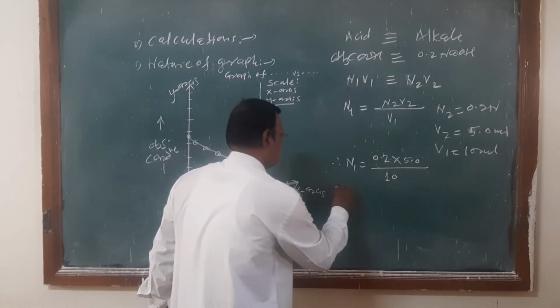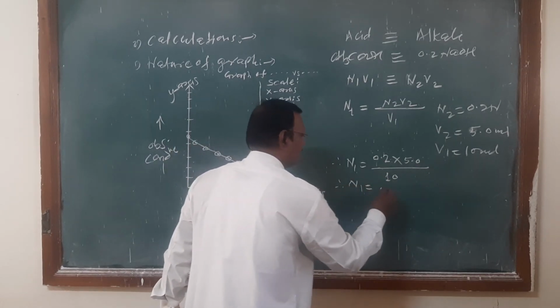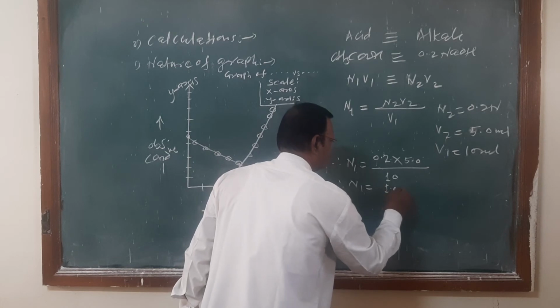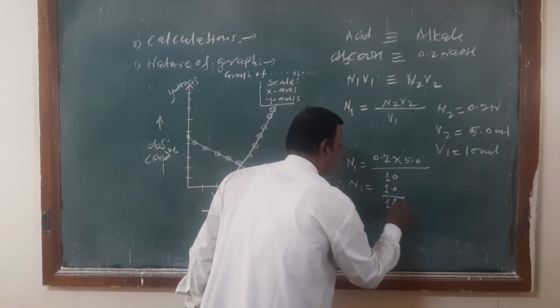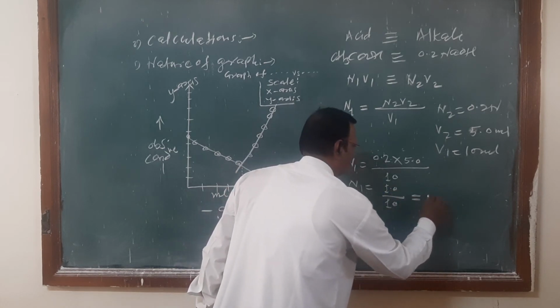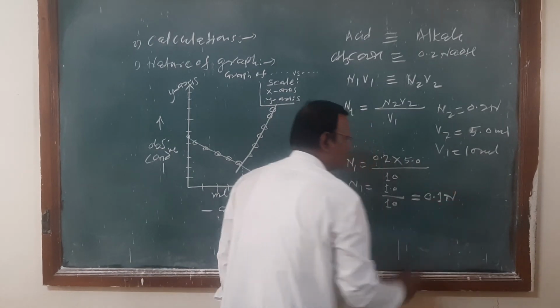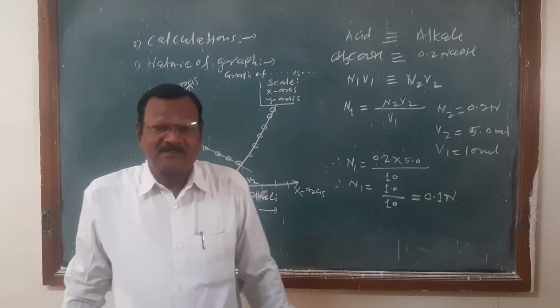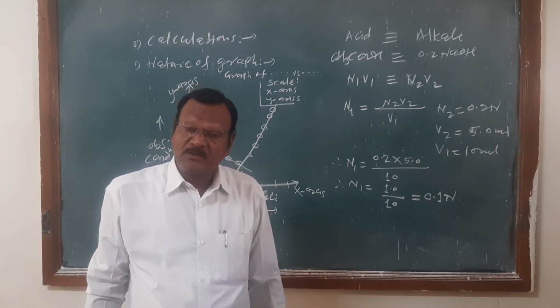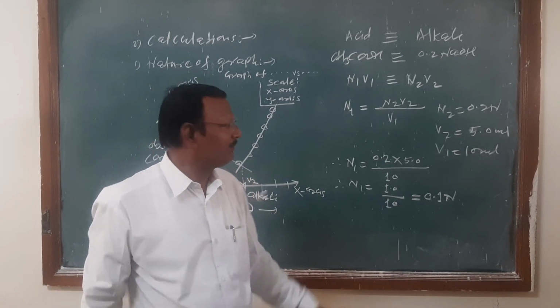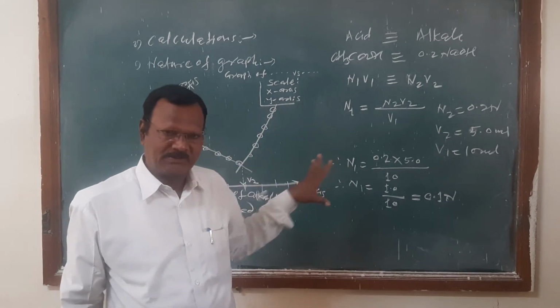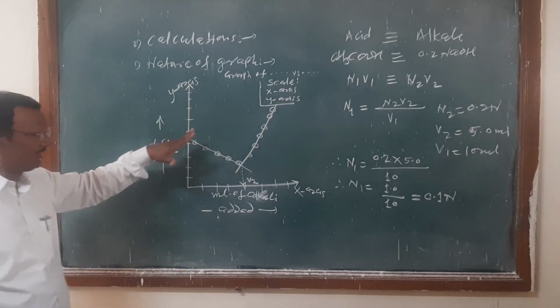Therefore N1 is equal to 1.0 divided by 10, which is 0.1 normal, that is the normality of the acid. Which acid? The weak acid. This is just the calculation based on the nature of the graph.